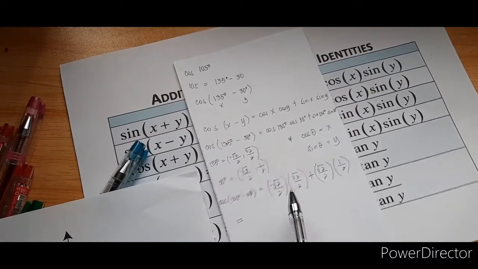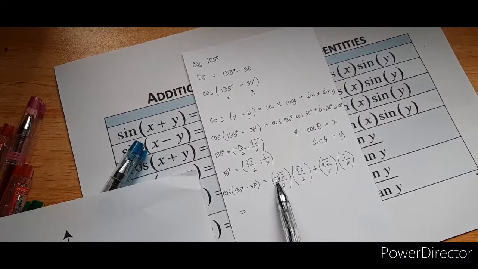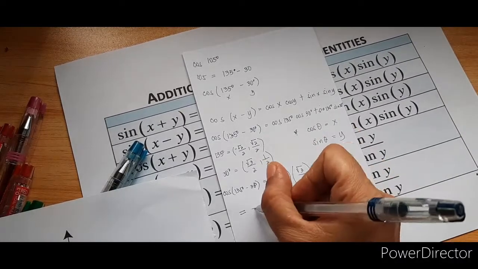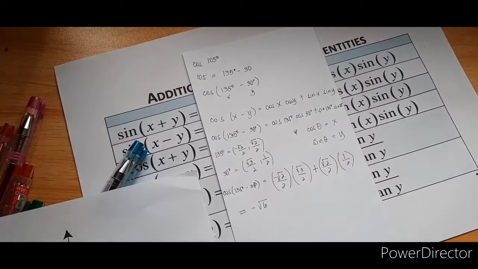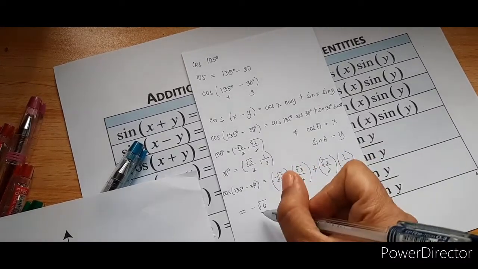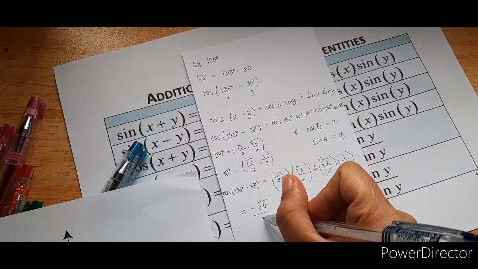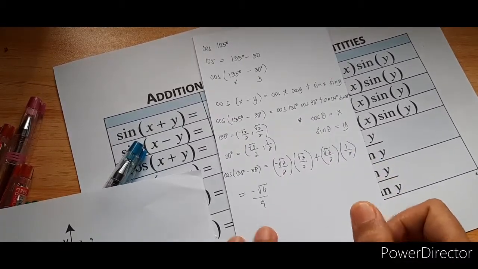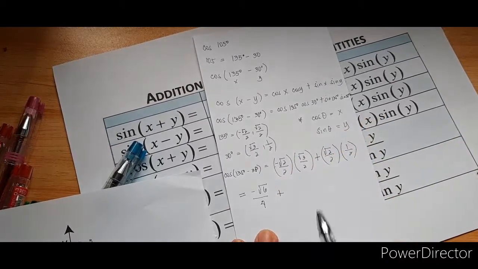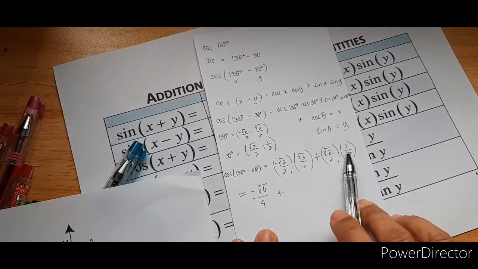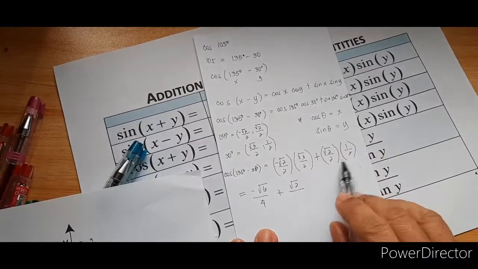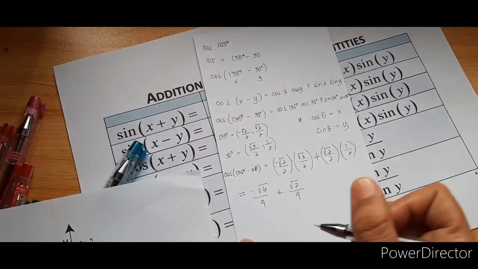Okay, so, negative square root of 2 times square root of 3 is negative square root of 6, over 2 times 2 is 4. Plus, square root of 2 times 1 is square root of 2, over 2 times 2 is 4.